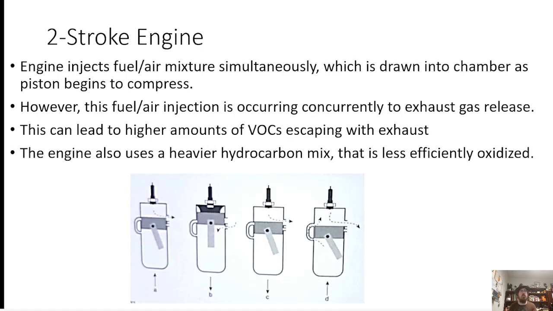Now, a two-stroke engine is a little bit bigger of a problem. The engine injects fuel-air mixture simultaneously, which is then drawn into a chamber as the piston begins to compress. So you can see right there, starting from the dump position. As it strokes up, the gas fuel goes into the chamber and fills that arm.